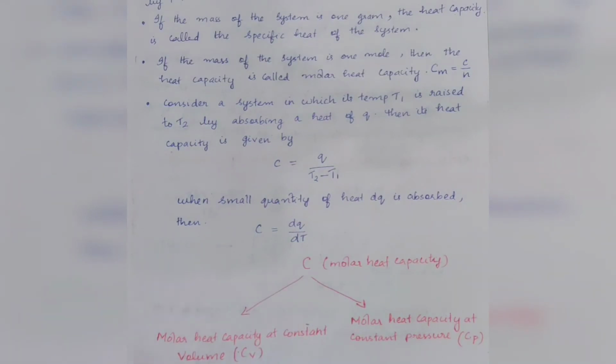There are two types of heat capacity, that is molar heat capacity at constant volume and molar heat capacity at constant pressure, that is Cv and Cp.